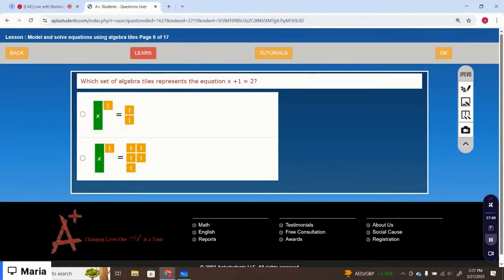Which set of algebra tiles represents the equation x plus 1 equals 2?